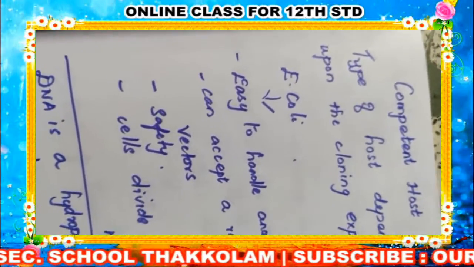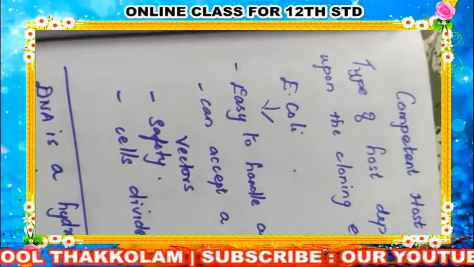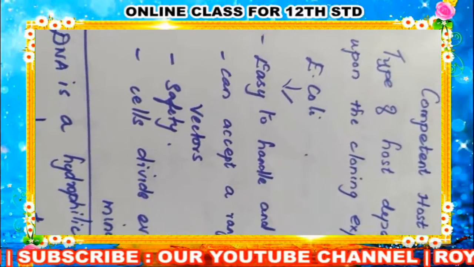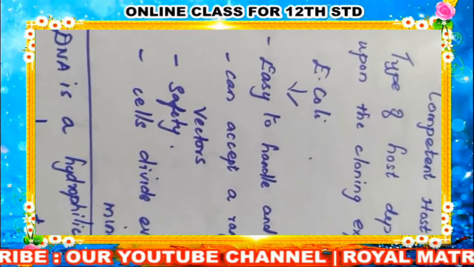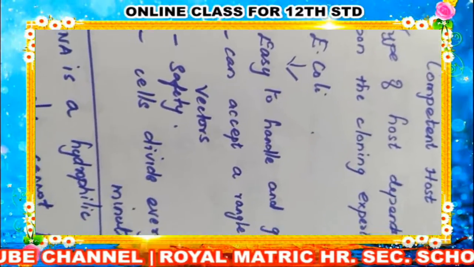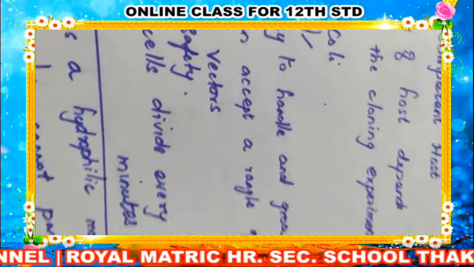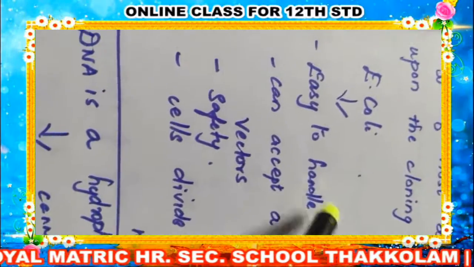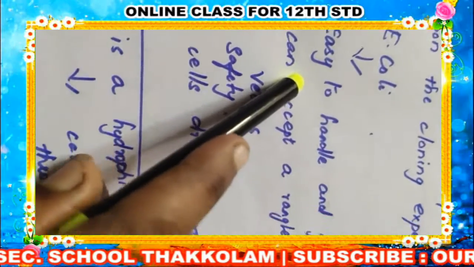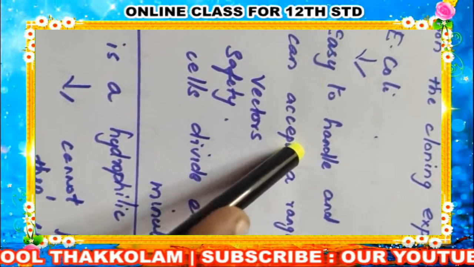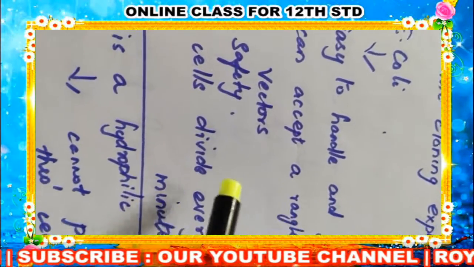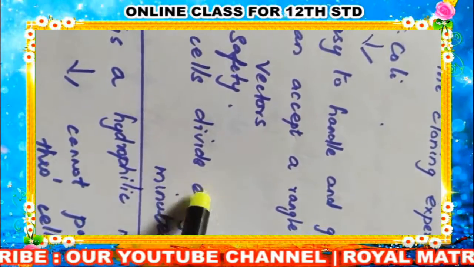So E. coli is the most widely used organism as the genetic host. And why are they choosing E. coli? It has some advantages to select it, because it is very easy to handle, it can grow and accept a wide range of vectors, and also it is studied for safety.